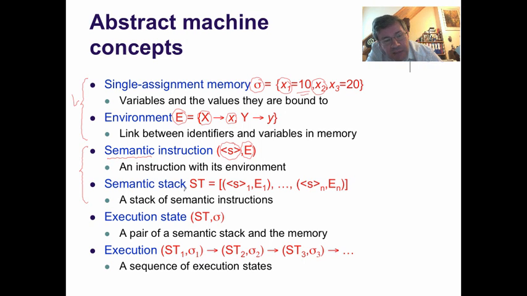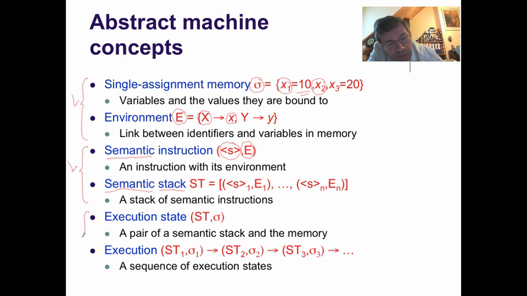In the execution, we need more than just one instruction. We will need a stack of these instructions, because maybe you do something and then there are instructions that are kept for later execution, and these have to be kept somewhere, so you need a semantic stack. That is the second part of the abstract machine, which is the instructions.